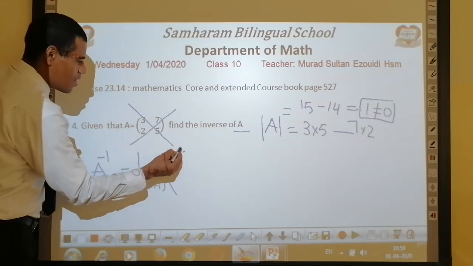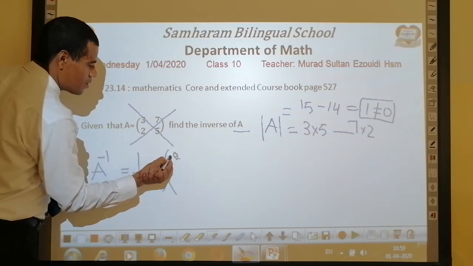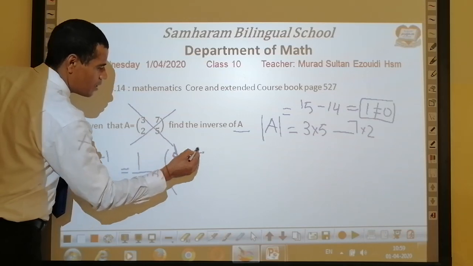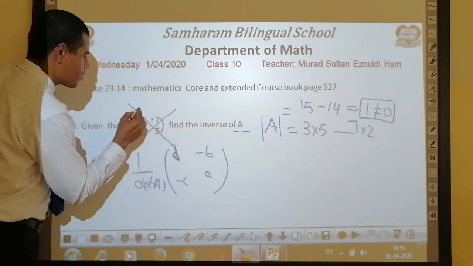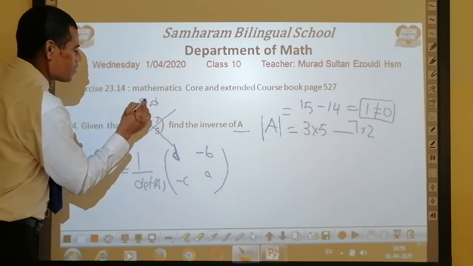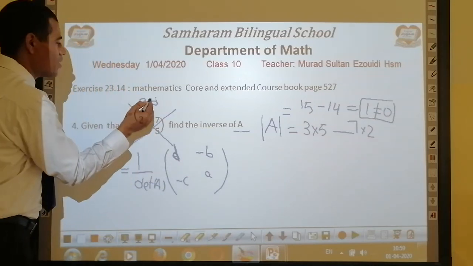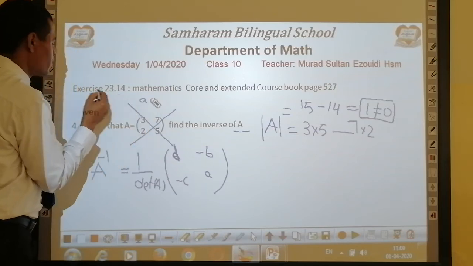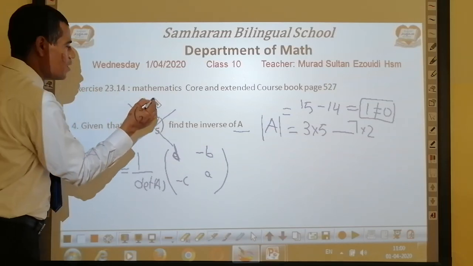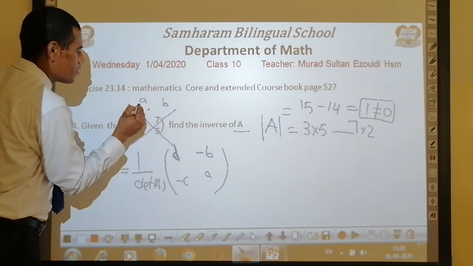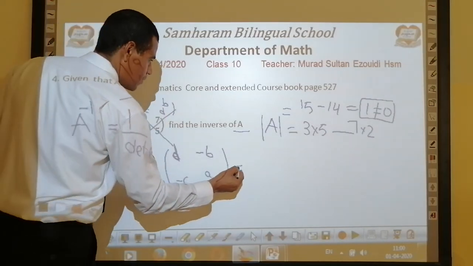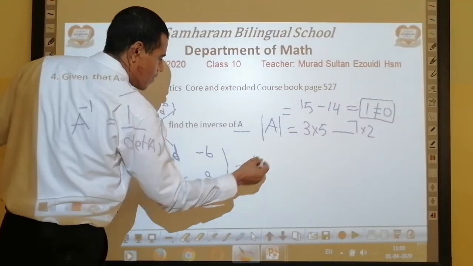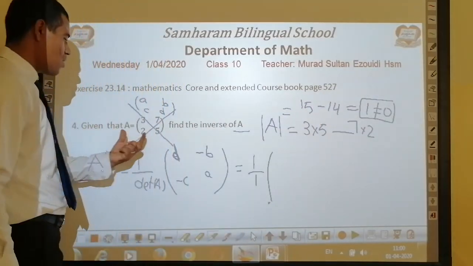The formula, when this one is A, B, C, D, is D, minus B, minus C, A. Okay, so I will just write the formula: 1 divided by 1 multiplied by the adjoint.